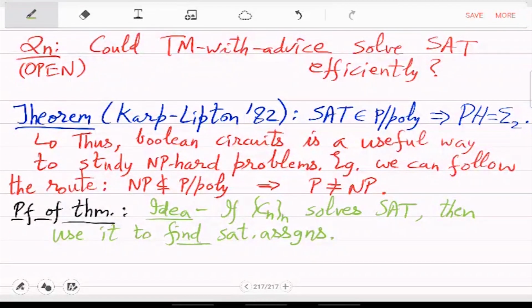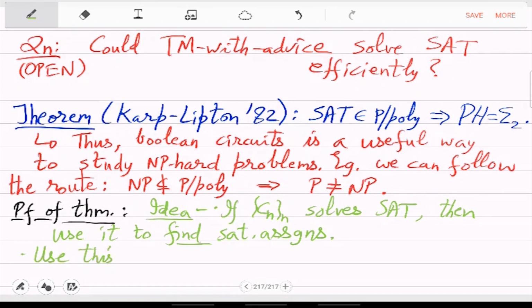Okay, so if Cn is solving the decision version, then you can also solve the search version, which is to actually find a satisfying assignment. And once you have the satisfying assignment, you can actually convert pi2 SAT to sigma 2 SAT.